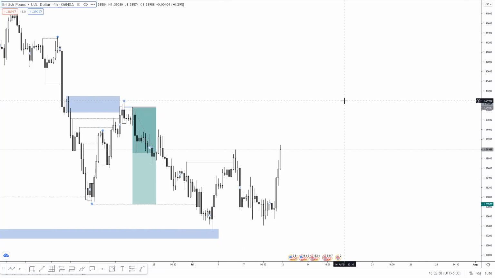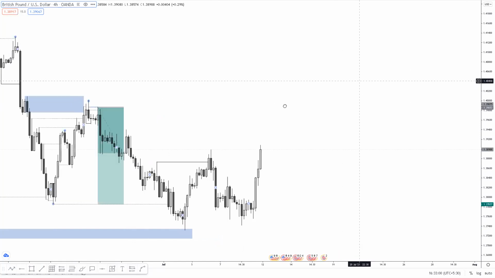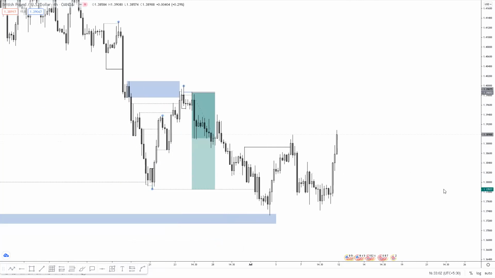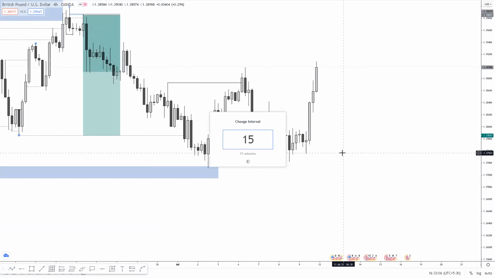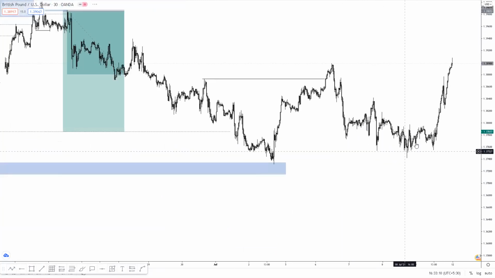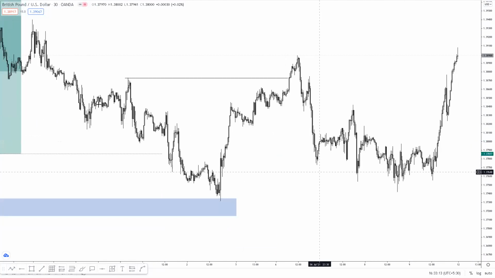The thing is, on the 30-minute time frame, we see a break of structure, a break of a very major structure, right?